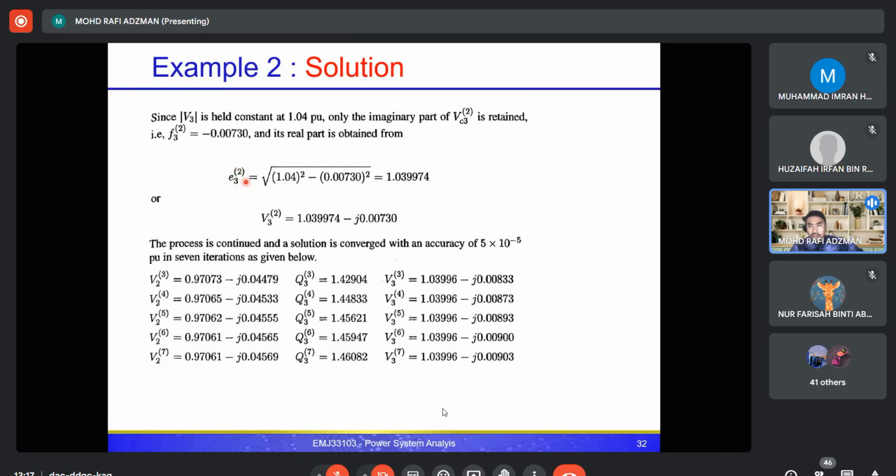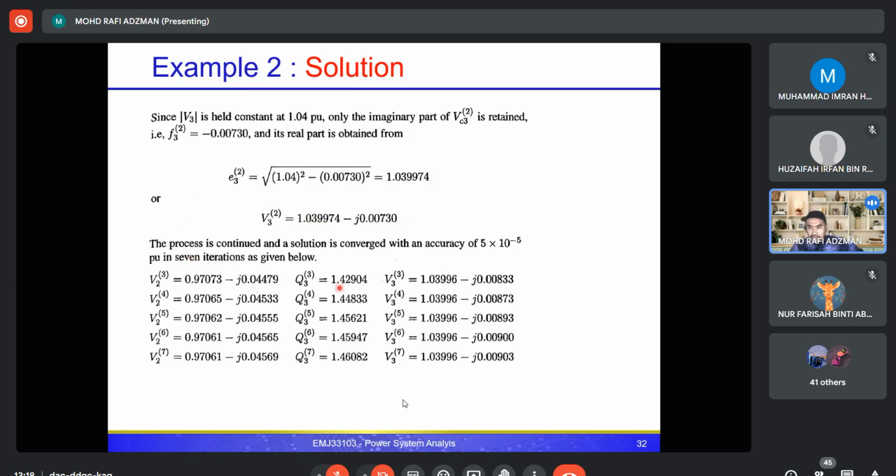So the real part is equal to the square root of 1.04 squared minus 0.073 squared. So you find that E3 second iteration is equal to 1.039974. So therefore, you have the real part and also you have the imaginary part. So finally you have V3 second iteration equal to 1.0399 minus J0.007.